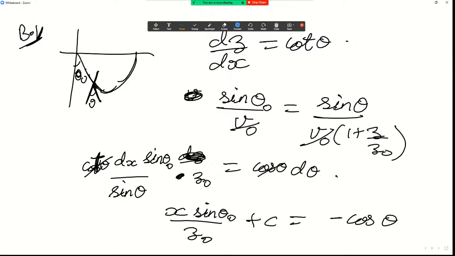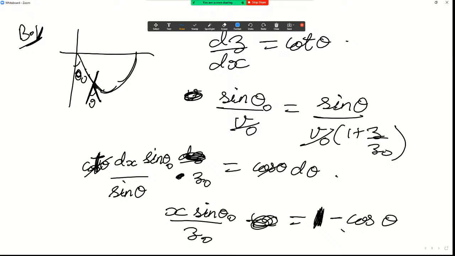So if we plug in x0, then we can get c. C is not 0 here because this is 1, and therefore C would be 1 minus this.